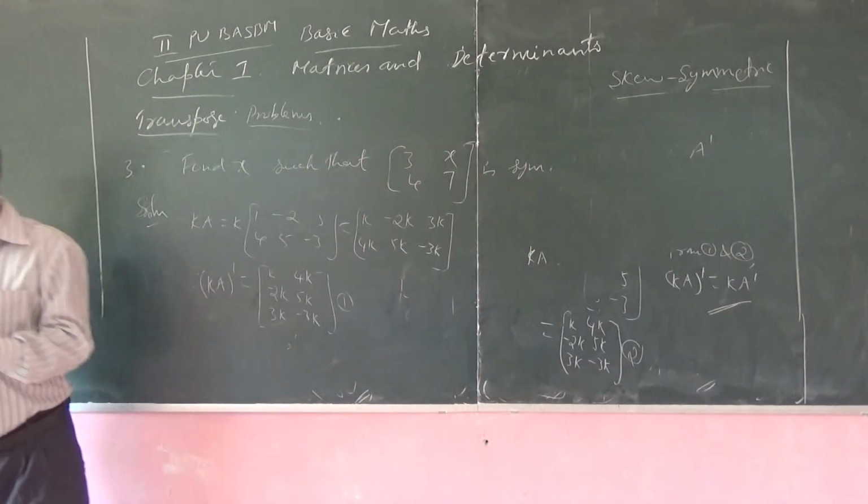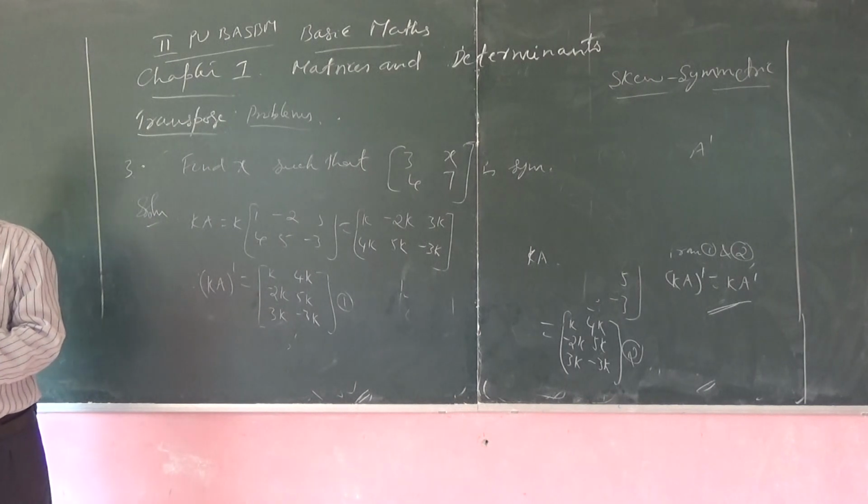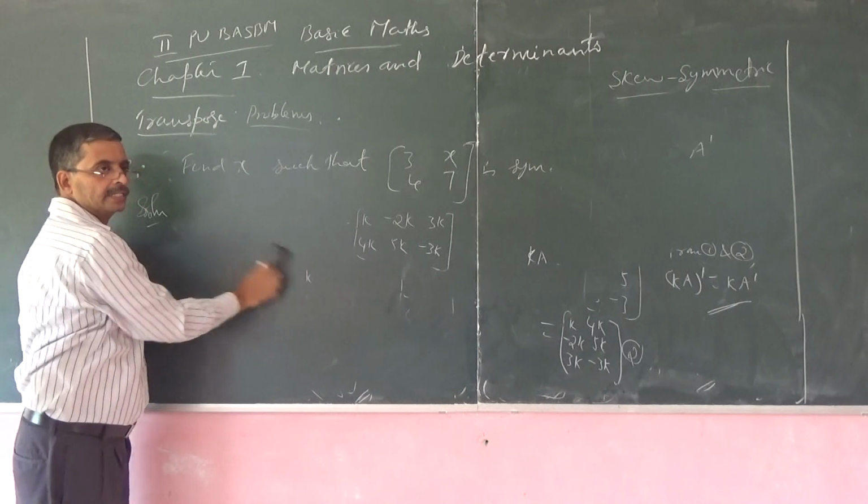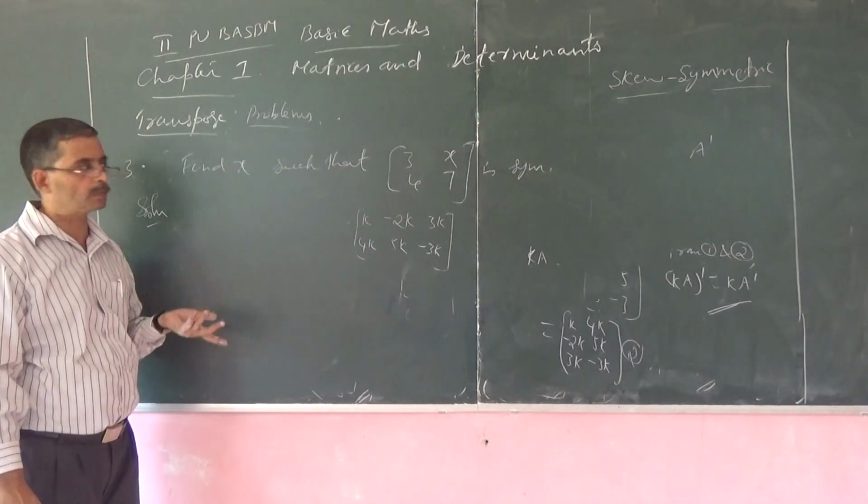So the problem is find x such that this matrix is symmetric. So the solution is, you know when it is symmetric. Symmetric means A equal to A transpose.